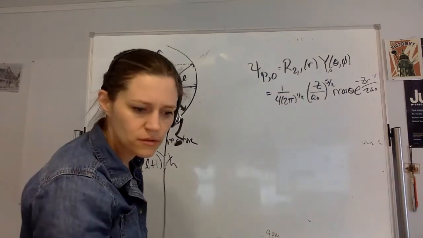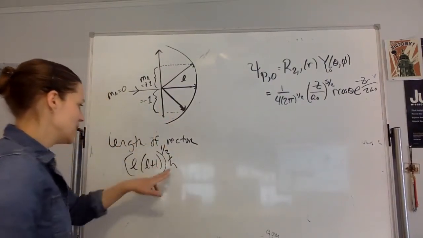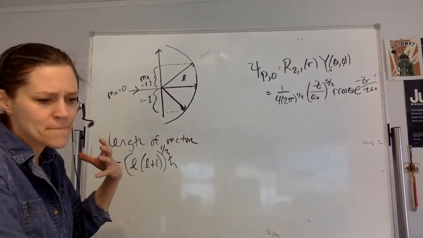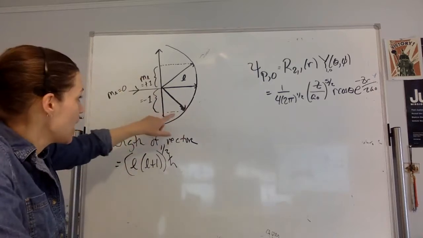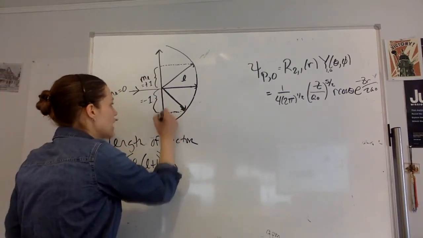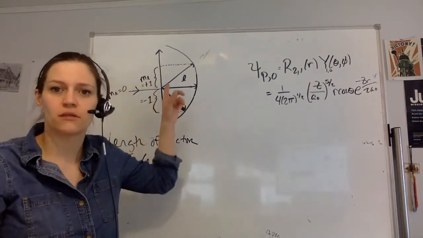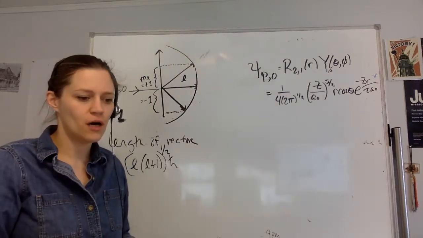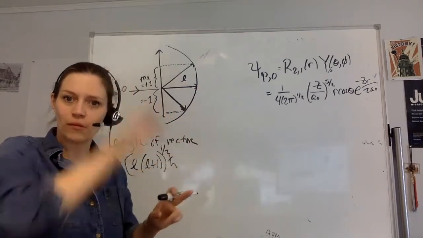So that is the length of the vector, and then the projection of that vector onto the z-axis has to be projected in units of 1, 0, minus 1, 2, 0, minus 2. And so there are certain angles that it has to be. It can't be somewhere in between.